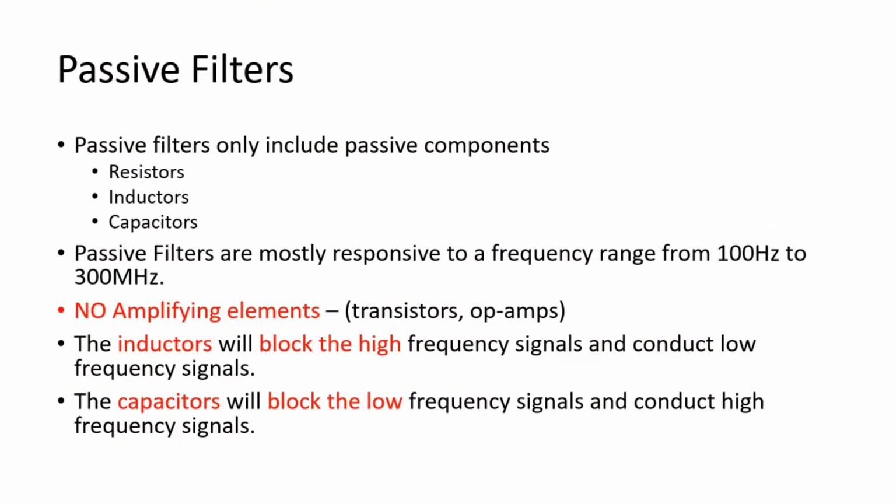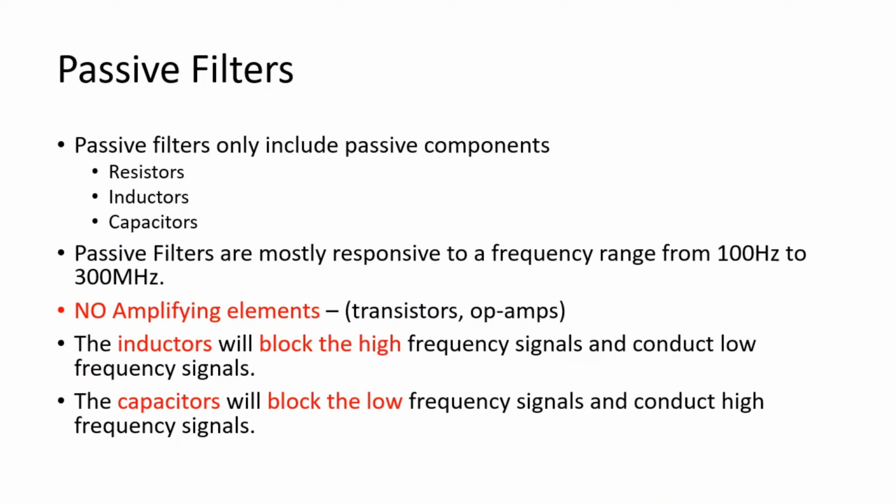When it comes to passive filters, one of the main factors is there will be no amplifying elements like transistors or op-amps, and the normal rule of thumb is that they can only be used in the frequency range from 100 hertz to 300 megahertz.